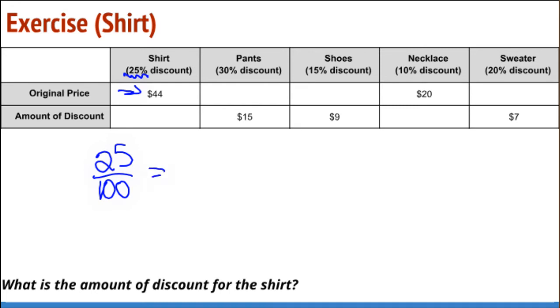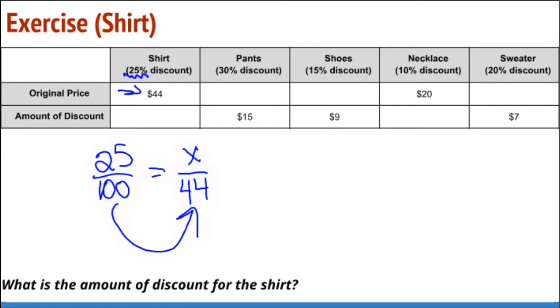Now the question is, how can I scale this 100 to be equal to the amount of 44? That's a little bit ugly. That's a little bit messy to work with.